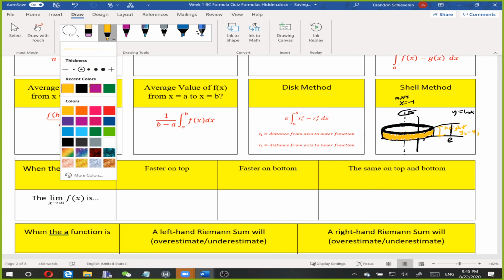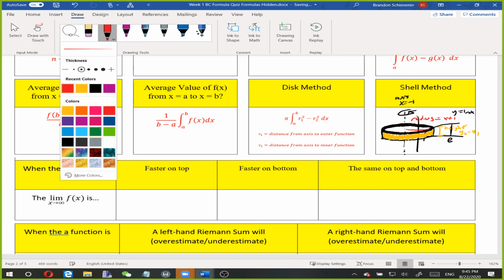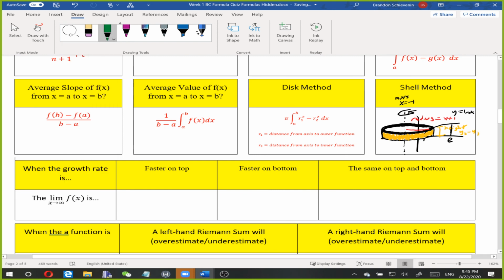I've also got a radius, which is my distance to my axis of rotation, which in this case is our x value plus 1. And we've got an infinitely small dx, which is like the thickness of this cylinder that we've created.